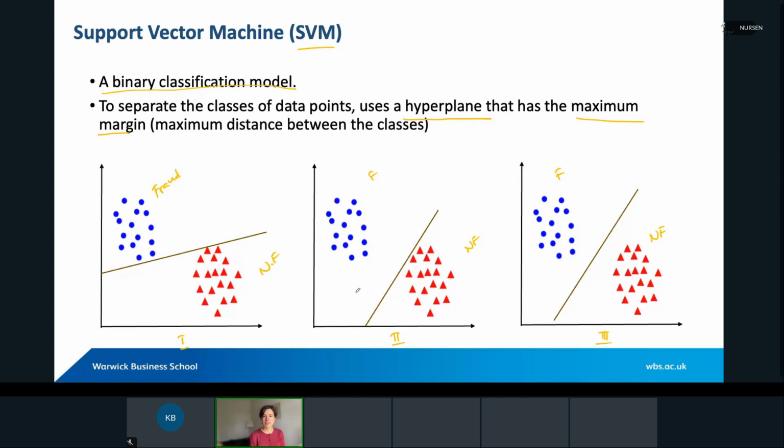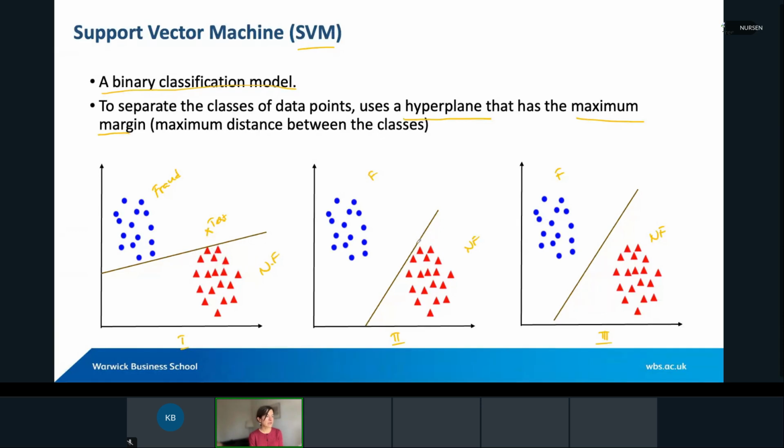Okay, I see lots of threes, that's correct. So here, if we use this decision boundary, we are very close to both points. And it's very possible that we later come up with a test data point just on this side. The model will think that is a fraud case, but it might be a not fraud case, since it looks similar to the not fraud cases.